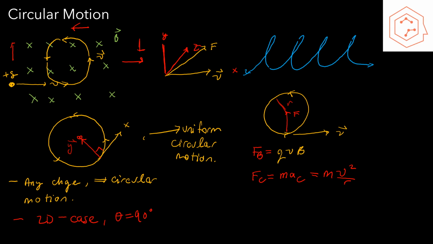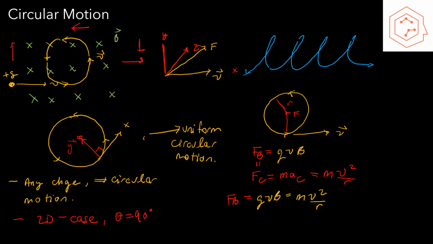Now in the case where a charge is moving in uniform circular motion, the centripetal force is equal to the magnetic force. And so F_B, which is equal to qvB, is equal to mv squared over r.